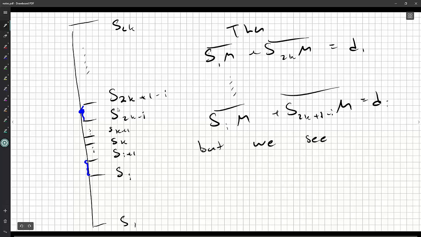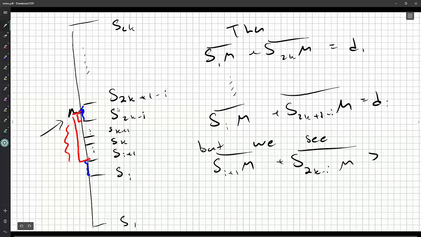But we see, and it doesn't hurt to have a picture, so just say, M is here. Turns out the total distance is definitely more, 2K minus I M is more than D_I+1 all the way inwards.